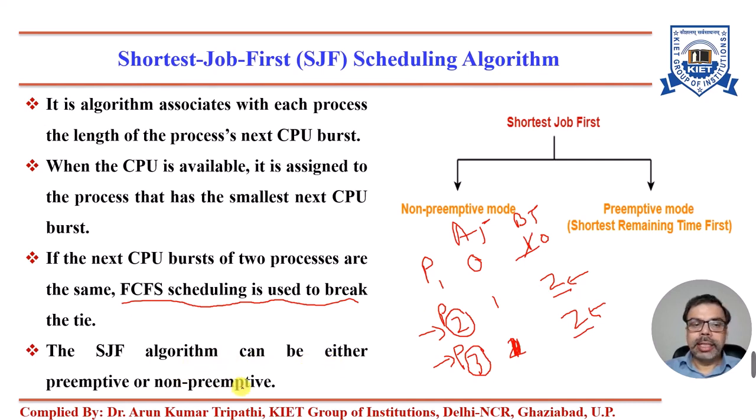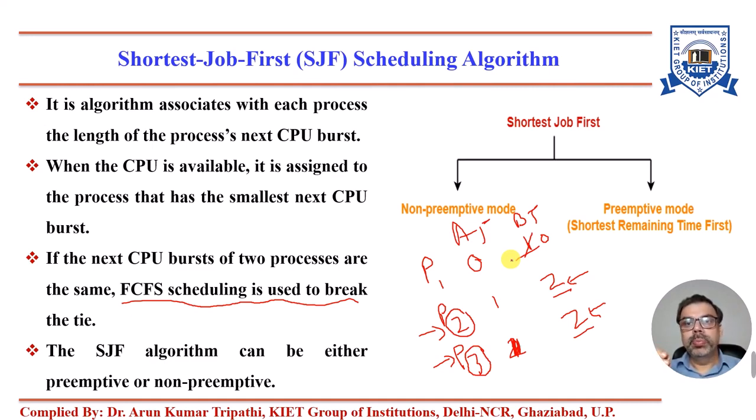The SJF algorithm can be either preemptive or non-preemptive. Non-preemptive means once the processor is assigned to a particular process, it will continue its execution until its burst time is completed. In the case of preemptive, the processor is snatched away if a process with a lesser burst time appears in the ready queue.